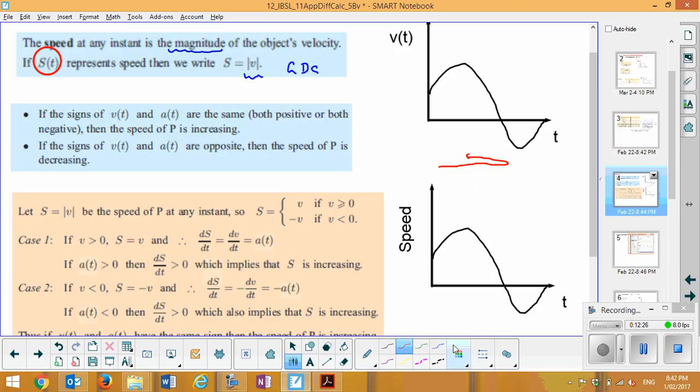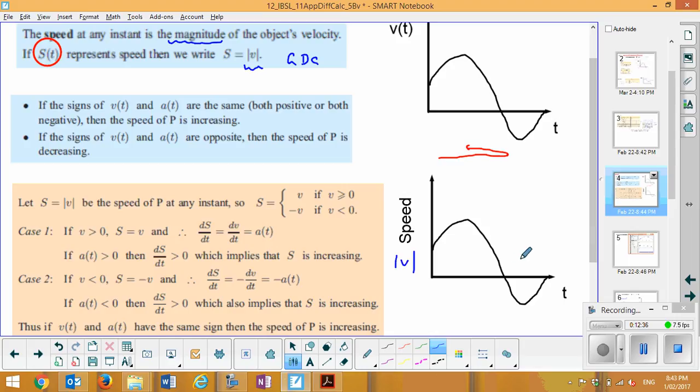All right. So if we want to do the speed, in other words, we want the absolute value of the velocity, then whatever is positive stays positive. All right, and that's what we've talked about here. If the velocity is positive, it just stays the same. So that part stays the same in the graph. If the velocity was negative, then we want to change the sign of it.